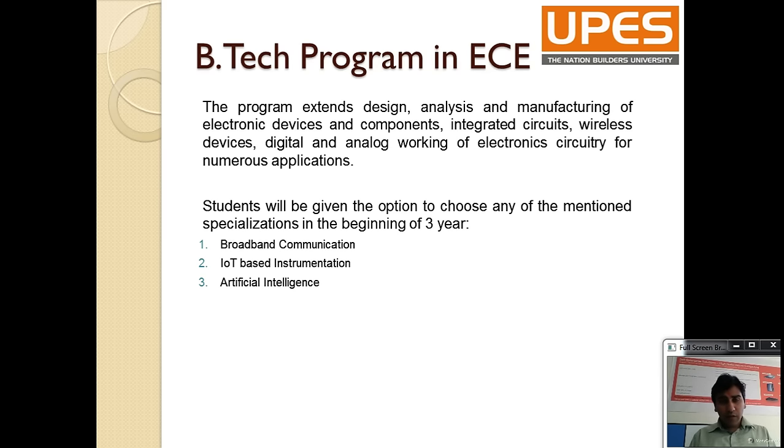So in the first 2 years and the rest of the 2 years, most of the courses are common, but if you choose one of these specializations, the program electives will change. There are about 5 to 6 program electives offered for different streams and different specializations in electronics and communication engineering. On the basis of their interest, students can choose any of these 3 specializations at the end of their second year, pursue it further, and complete their degrees.